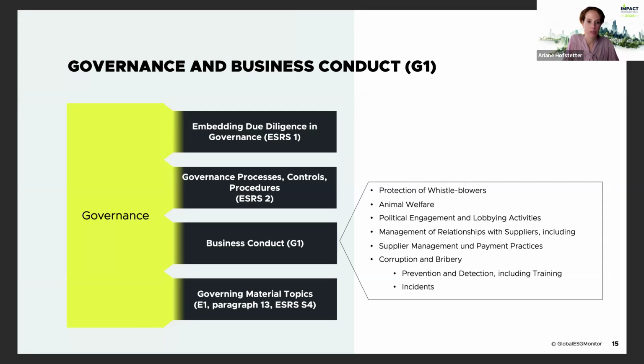And then the subtopics are corporate culture, protection of whistleblowers, animal welfare, political commitment, and management of relationships with suppliers, including payment practices. And then the next topic is corruption and bribery, and this is broken down in subtopics, which include prevention and detecting of corruption and bribery, including training and the concrete incidents which have to be reported.